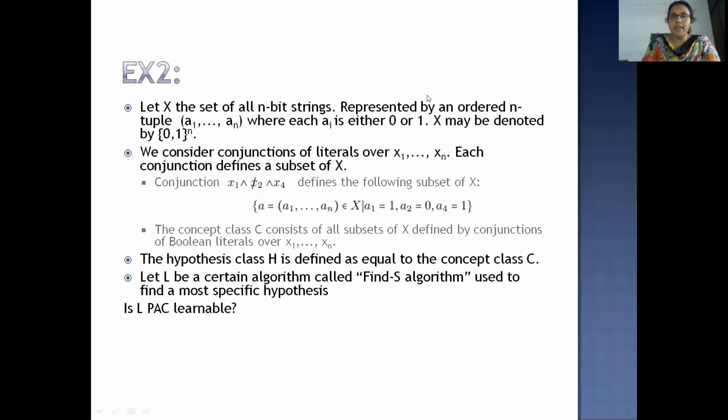Okay, it is represented by an ordered n tuple a1 to an where each ai is either a 0 or a 1. X may be denoted by 0, 1 raised to n. Okay, so n literals ഉള്ള binary values ആണ് input space.